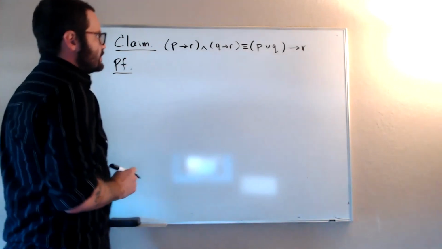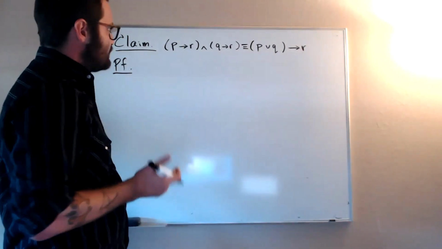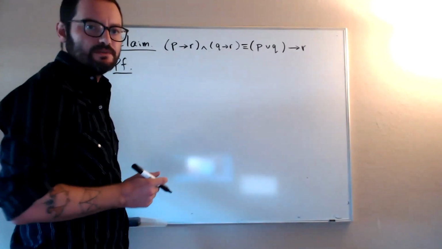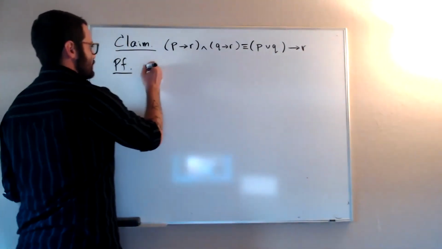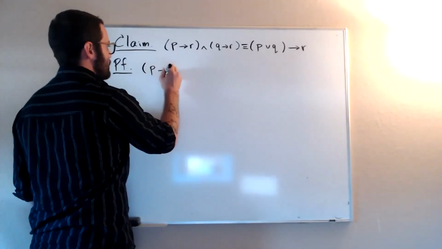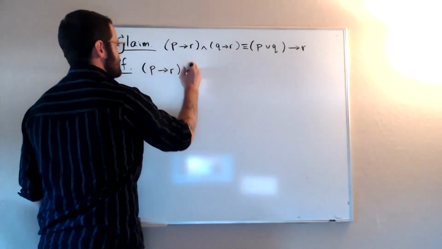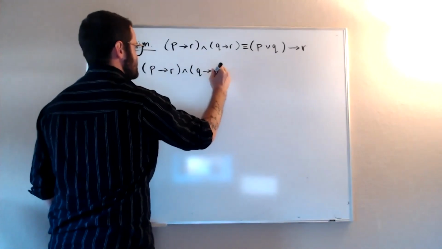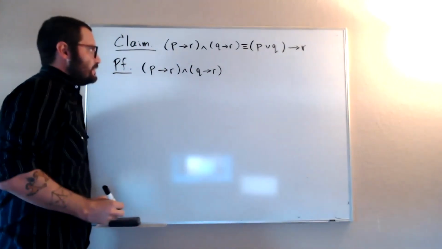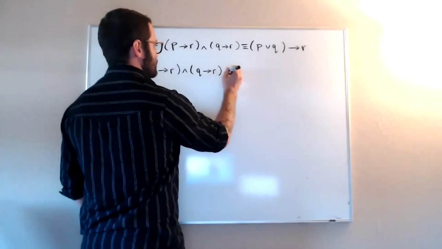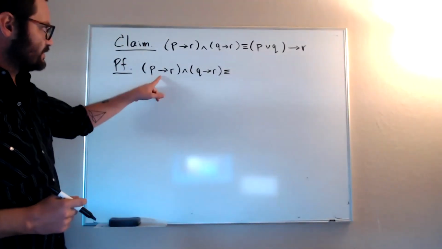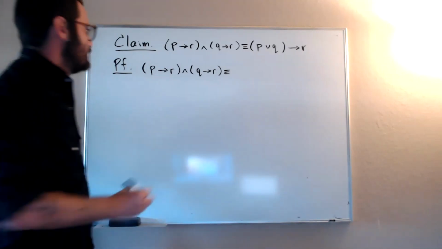Proof. So I would typically like to start on the more complicated side. The left-hand side of this equivalence looks more complicated, so let's go ahead and start there. Okay. So this is logically equivalent to, well, I personally would like to get rid of the conditionals first.